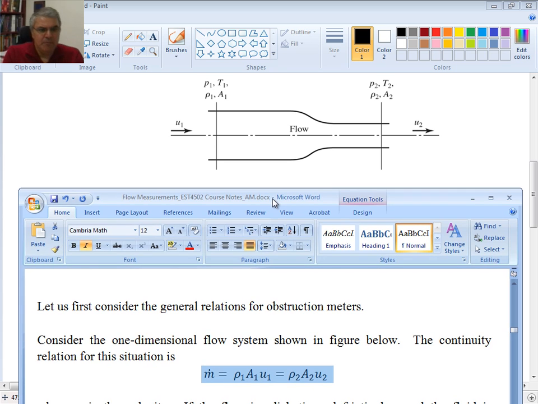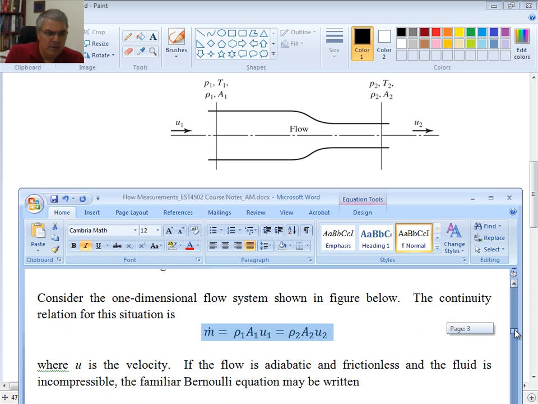If this is a one-dimensional flow system as shown, the continuity relation for this situation is shown here. The M, which is what we call M dot, would be rho 1, A1, U1. It would be rho 2, A2, U2, where U1 and U2 are the upstream and downstream flow.